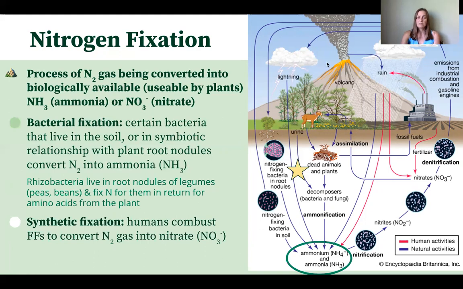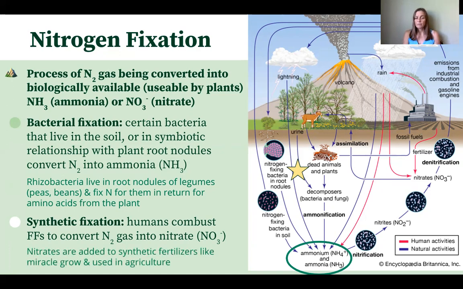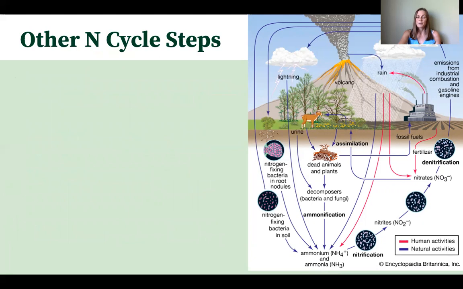So you can see here in our nitrogen cycle that we have both human activities that process nitrogen from the air, as well as natural activities. So we add nitrates to fertilizers to help plants grow. Okay. So fixation is one step. It's the process of taking nitrogen and converting it into ammonia, or one step farther with synthetic fixation into nitrates.